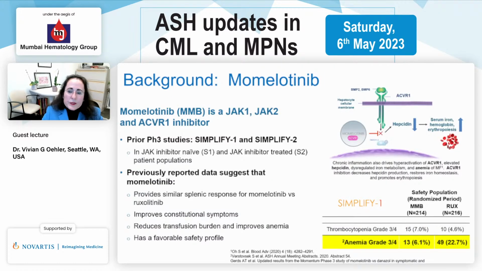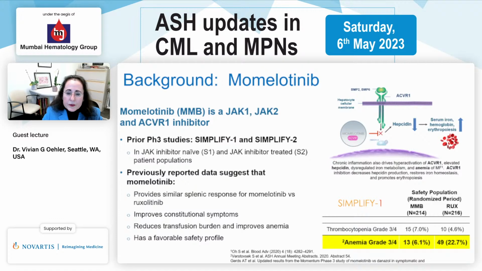Momelotinib updates were presented at the 2022 meeting. Momelotinib is not only an inhibitor of JAK1 and JAK2, but it also inhibits ACVR1. ACVR1 inhibition results in decreased hepcidin expression, which in turn leads to increased erythropoiesis and increased hemoglobin. Data from the earlier studies, SIMPLIFY-1 and 2, showed similar spleen responses and improvements in constitutional symptoms versus ruxolitinib.